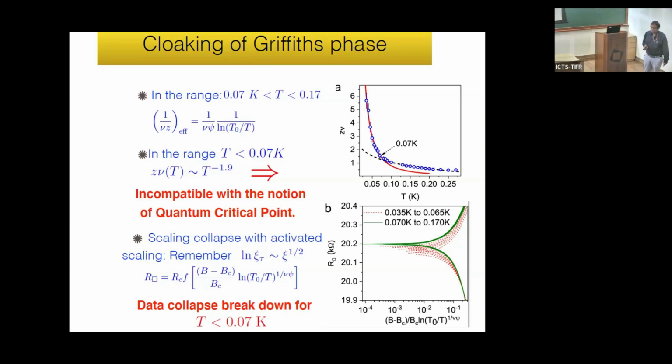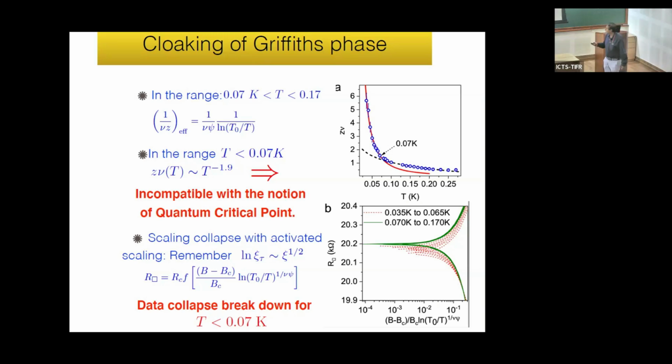So maybe one possible way around it is by saying, well, look, what you're doing is forcing the system to follow a power law scaling, albeit with a 1 over nu z which is temperature dependent. When you know very well that at the infinite randomness critical point, the scaling behavior has to be activated, of this form, right?